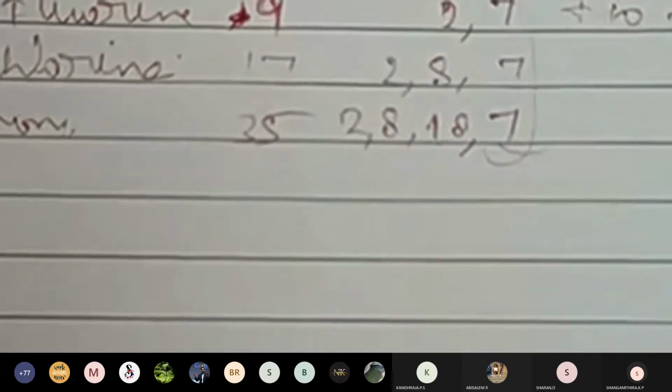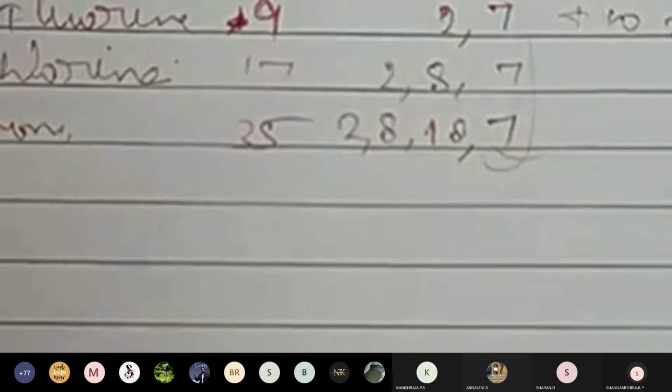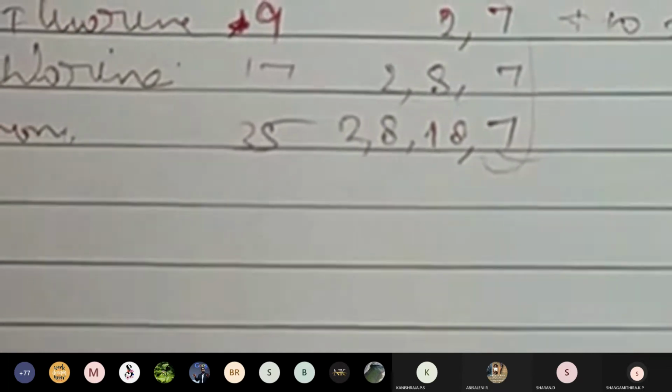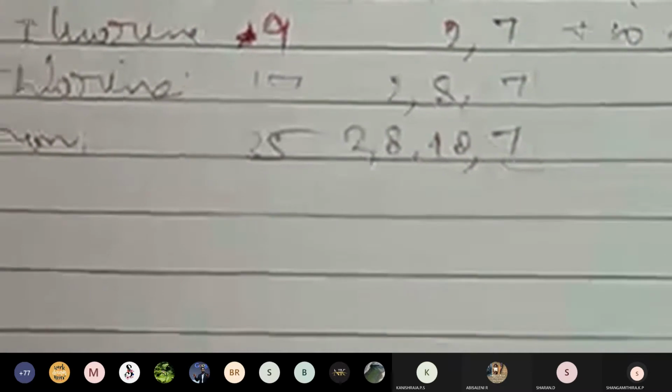If 2 or more elements have the same number of shells, then they belong to the same period of the periodic table. So in the periodic table, the elements that have the same number of shells are put in the same period. Next, the group. The group number of an element having up to 2 valence electrons is equal to the number of valence electrons.